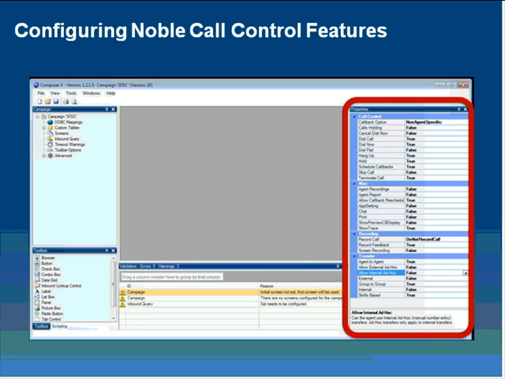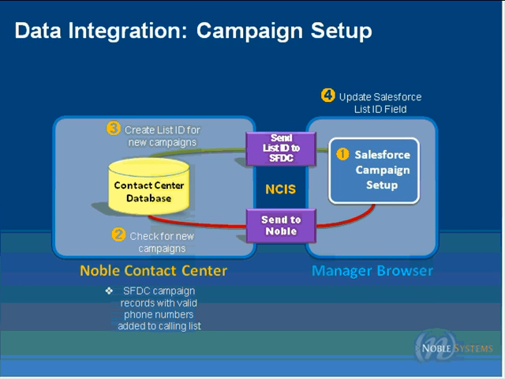In fact, we've even taken it a step further when it comes to campaign setup. Not only do you have these capabilities for call controls, but when you want to do data integration from a campaign setup perspective, the same tools that you would use as a manager to create a campaign within Salesforce.com can now be enabled so that it automates the process of setting up calling lists and campaigns on the Noble platform.